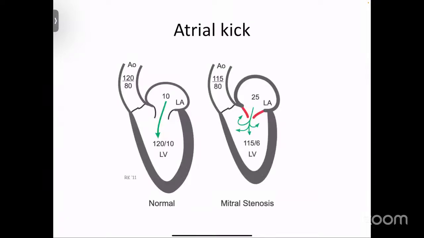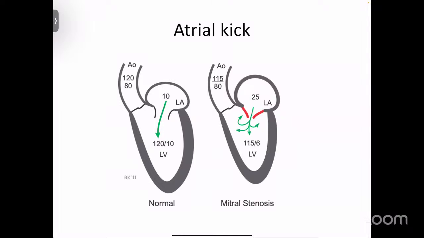Now, the normal mitral orifice area is 4 to 6 square centimeters, and under normal physiologic conditions, the pressures of the left atrium and the left ventricle during diastole are equal.